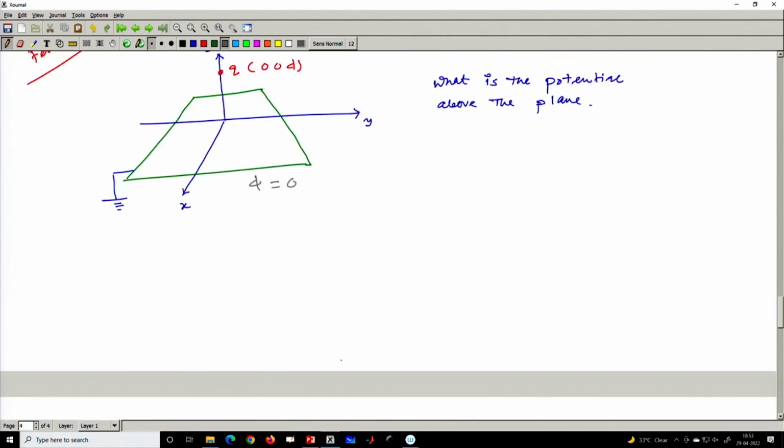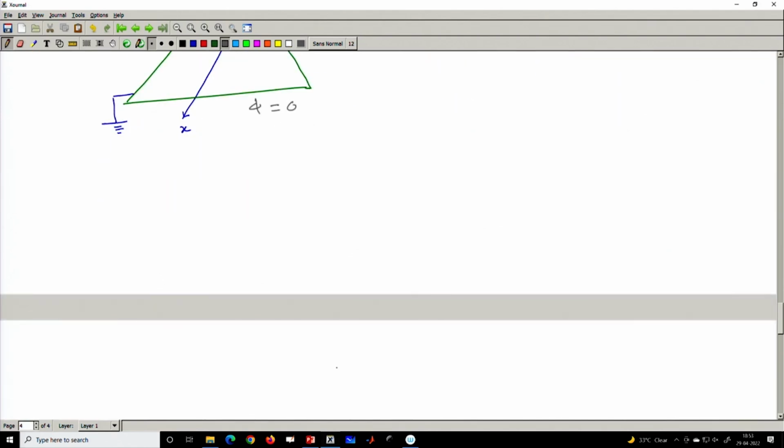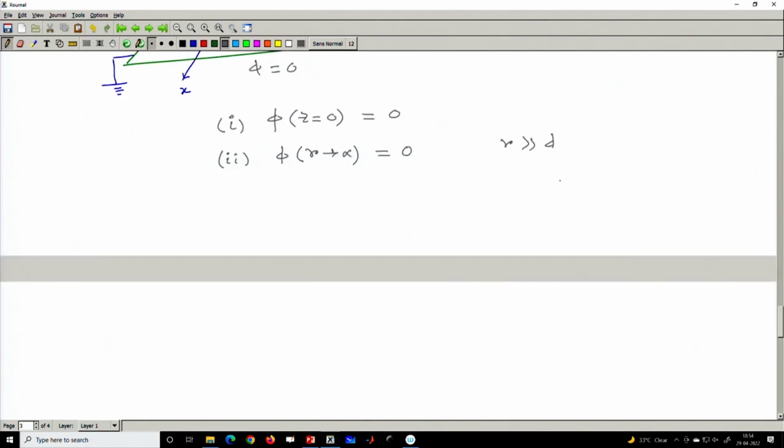The first one is that phi at z equal to 0 is 0. Second, the trivial boundary condition that phi when r tends to infinity has to vanish when r is very much greater than d. If I am far away, then the potential should be 0.